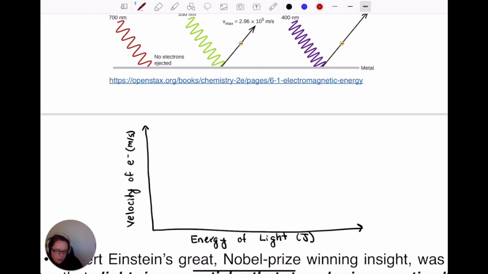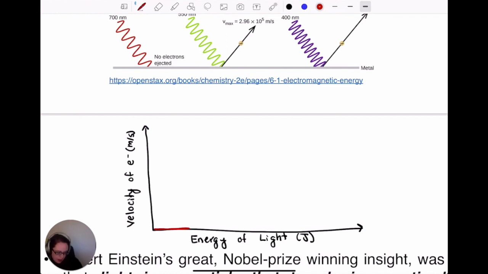Okay, so for our red light, we can take the brightest red light you have ever seen, shine it on this piece of metal, and nothing will happen. Absolutely nothing. No electrons ejected. It might get a little bit warm, but really nothing else is going to happen.